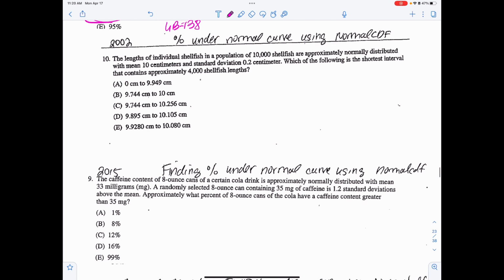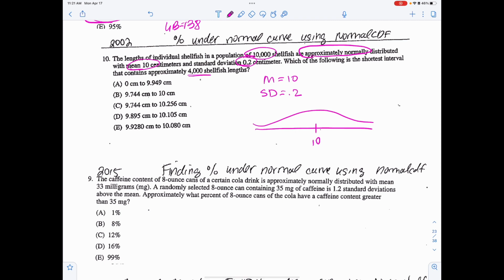Okay, this one here says approximately normal. Population of 10,000, a mean of 10, standard deviation of 0.2. Which of the following is the shortest interval that has approximately 4,000 shellfish? All right, so the mean is 10 here, and the standard deviation is 0.2.